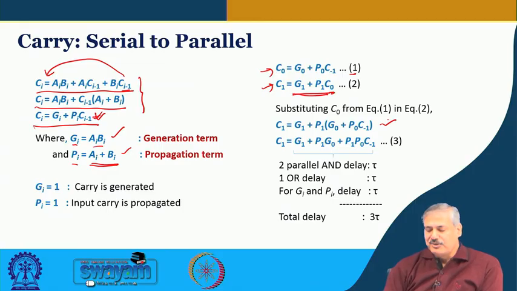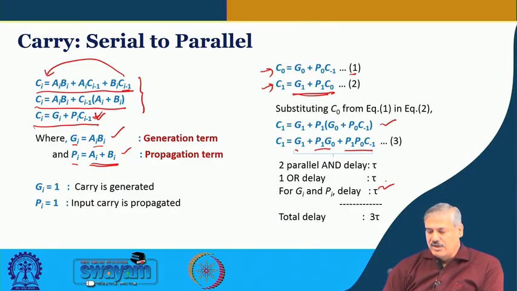If you do that, what will happen? C 1 is G 1 plus P 1 G naught plus P 1 P naught C minus 1. This is what we have got, and by this, what have we achieved in terms of delay? G I and P I generation takes 1 tau.